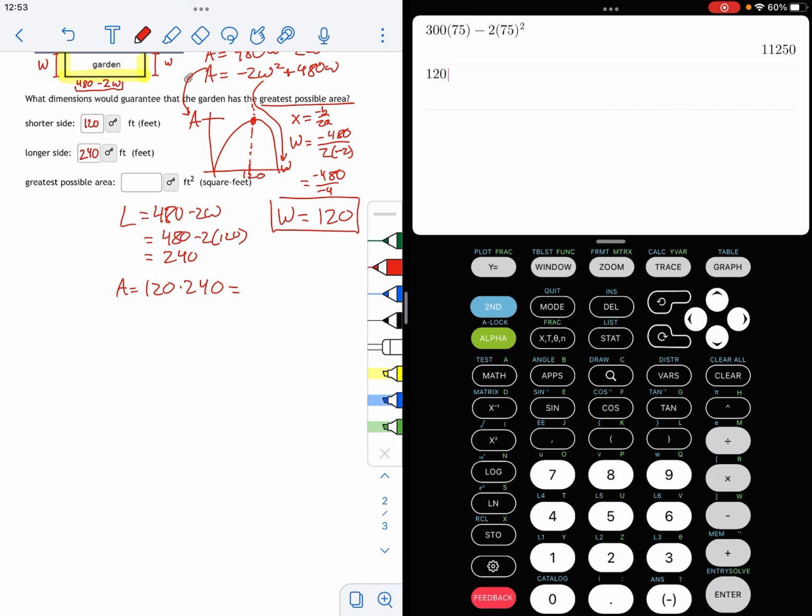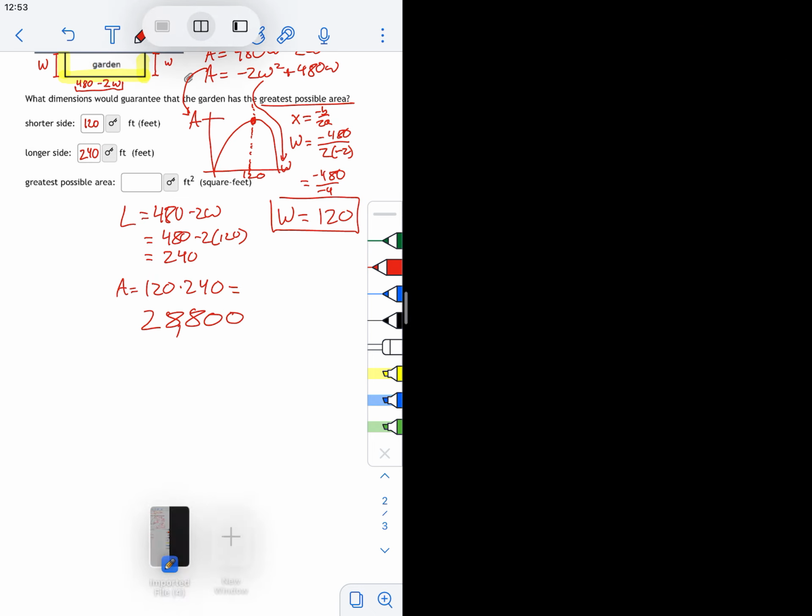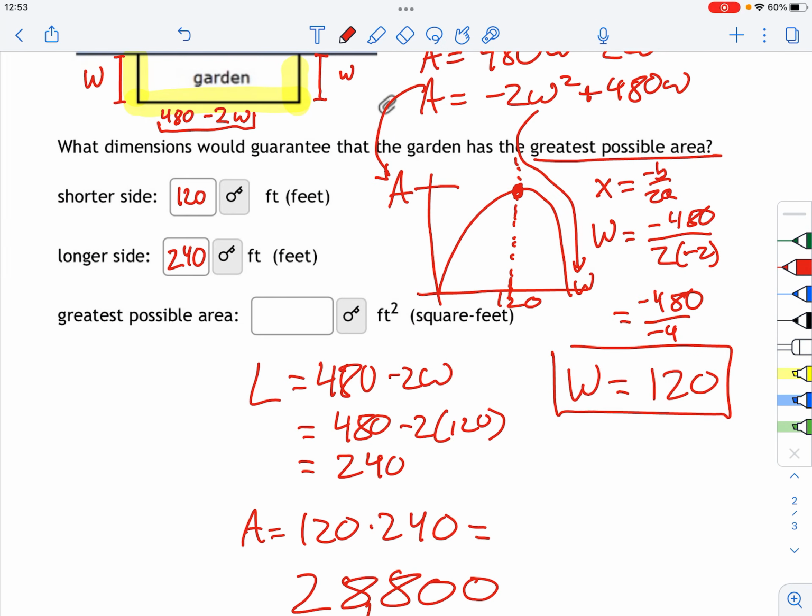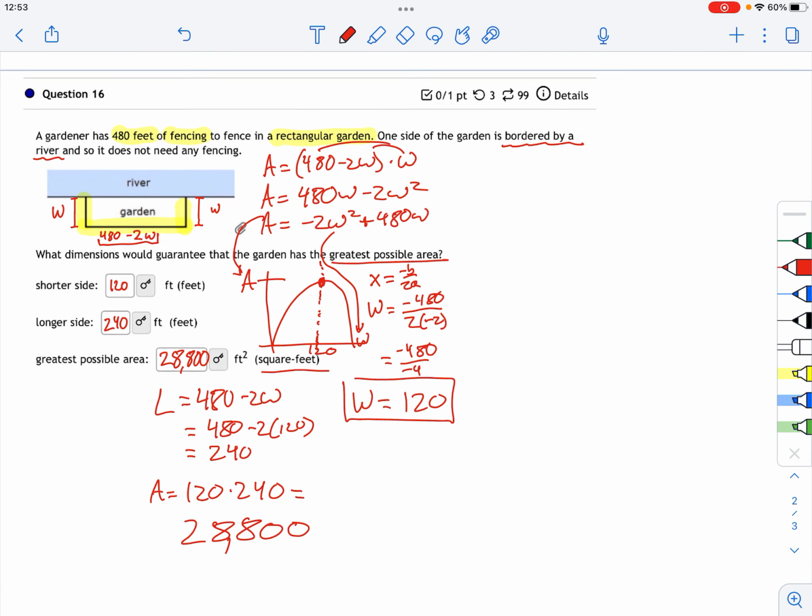So 120 times 240. And what do we get there? We get 28,800. So 28,800 feet there. So the area is 28,800 square feet. That's in square feet. All right, so that's how we solve that.